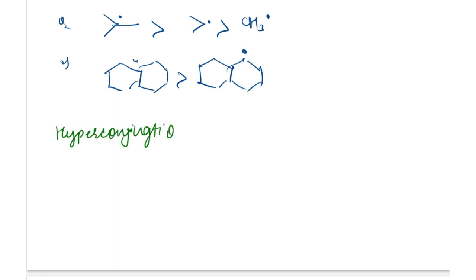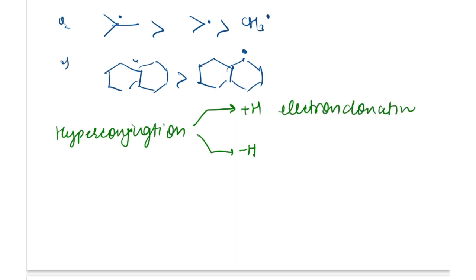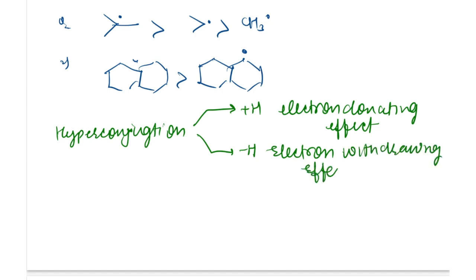Similar to inductive being plus I and minus I, and resonance or mesomeric being plus M and minus M, hyperconjugation is of two types, plus H and minus H. Plus H is known as the electron donating effect. Minus H is known as the electron withdrawing effect.